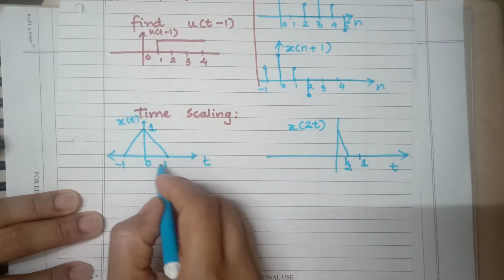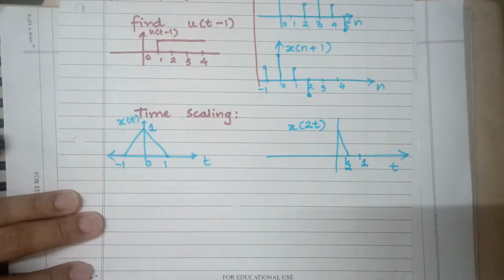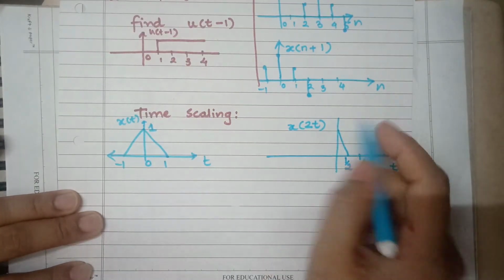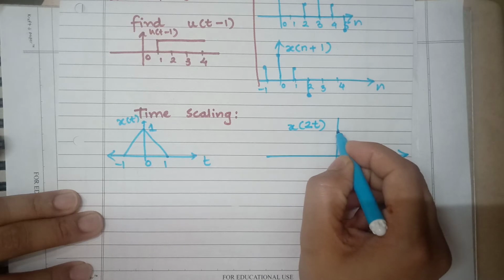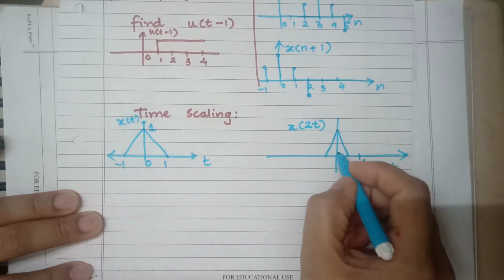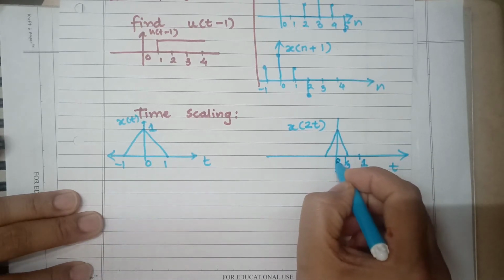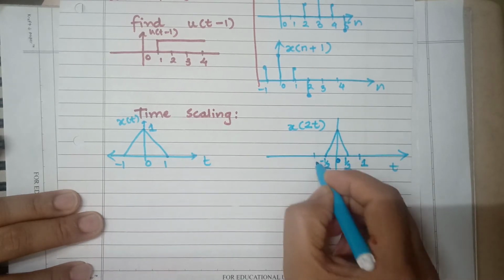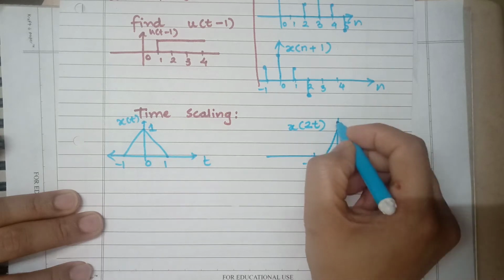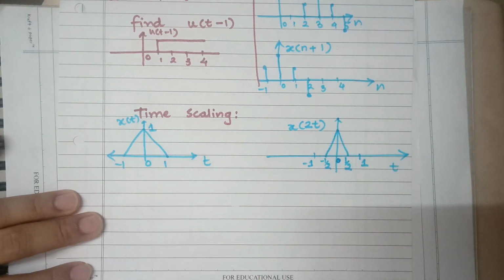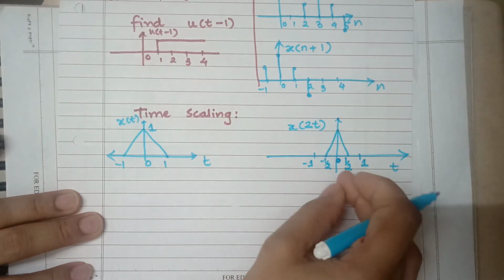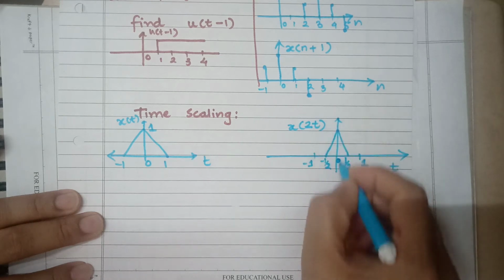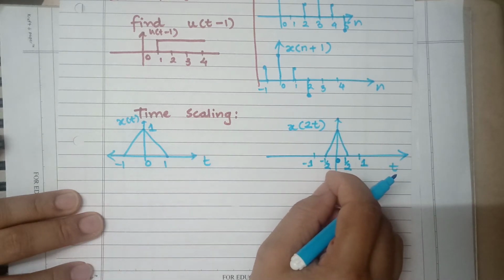We divided this 1 by 2 for compression. Now on this side also we'll do the same thing. Compression is done by taking this point as the center. So minus half here, so 1 is here, minus 1 is here. So the signal is x of 2t. Always remember, compression is done with the y-axis at the center.